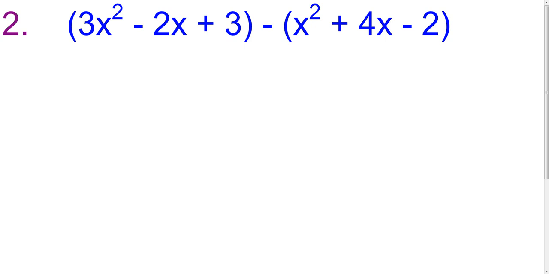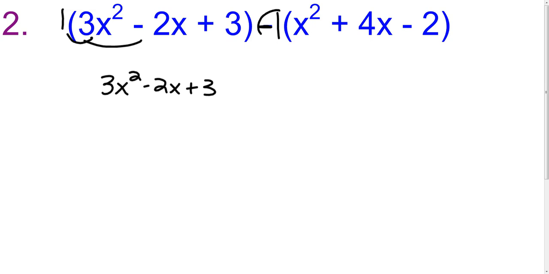Next, slightly different when you have a subtraction sign in between. The 1 right here, that imaginary 1 that's out there, if you distribute that through the first parentheses, nothing is going to change. So I will just leave it like that. But if I have this imaginary 1 right here, knowing that you have this negative that goes with it, then I have the negative 1 that I distribute through that parentheses.